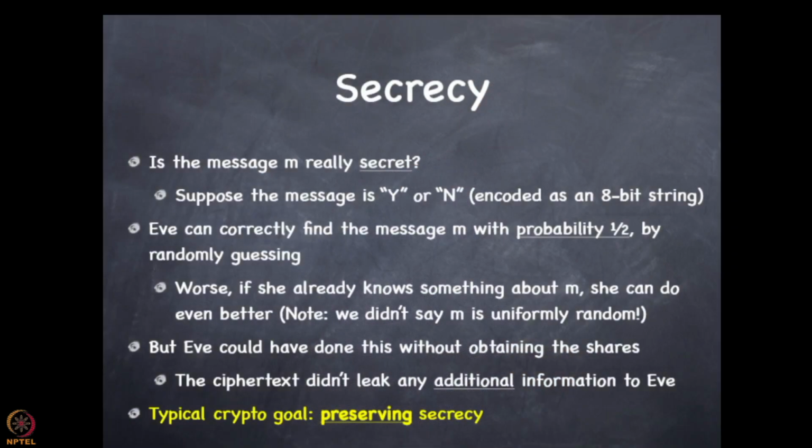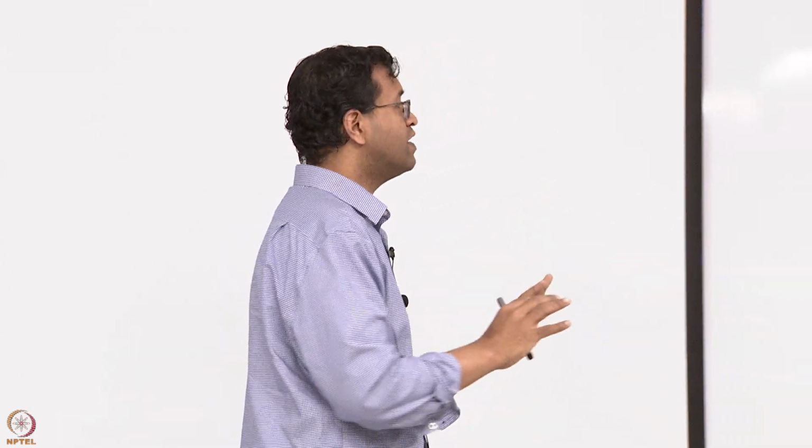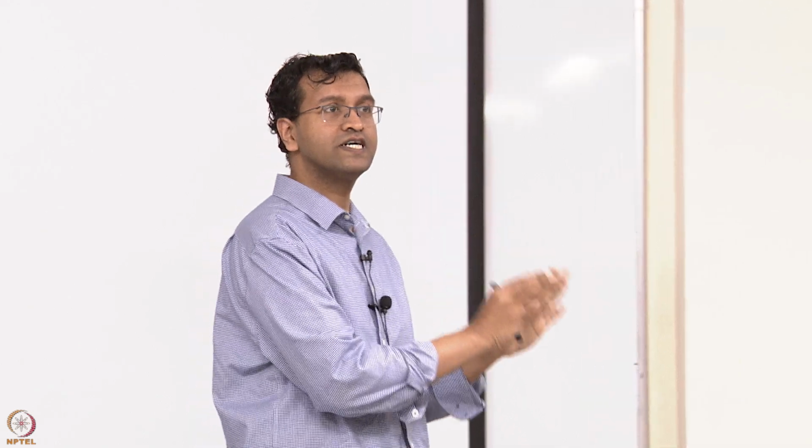She will know what she already knows. We don't want to give her more. The ideal situation would have been the message was magically transported from Alice to Bob without Eve getting a ciphertext. We want our scheme to preserve whatever secrecy is available in that setting.